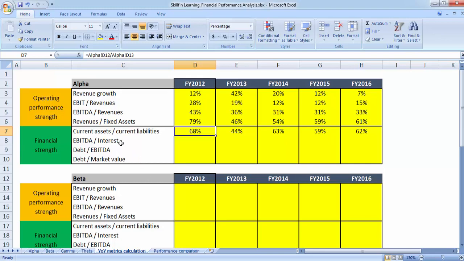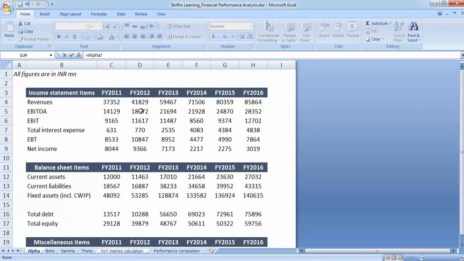The next metric, which is called the EBITDA coverage ratio, we want to calculate simply by dividing EBITDA by the interest payment of the company. Now to do that, I am simply going to say equal to, go to the alpha tab. My EBITDA for the year 2012 is given by cell D5.